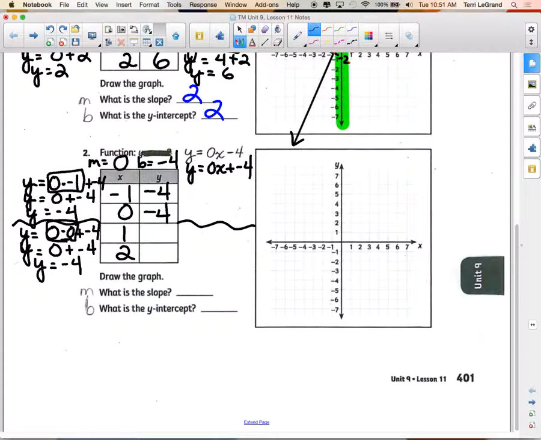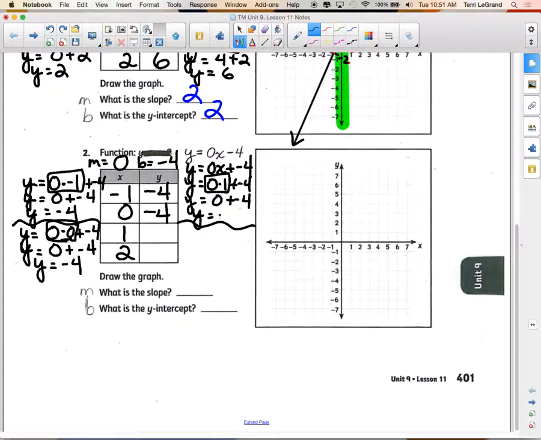Well, now we'll try 1. We'll do y equals 0 times 1, and we'll add negative 4 to that. 0 times negative 1, or positive 1, is still 0. When you multiply by 0, you get 0, don't you? And what's 0 plus negative 4 again? Negative 4.